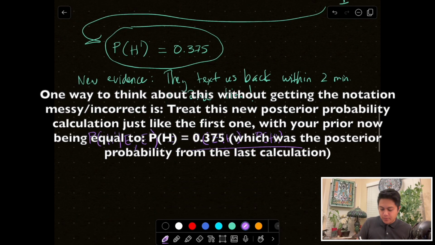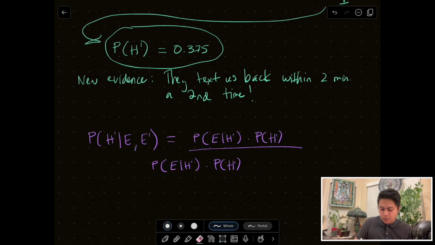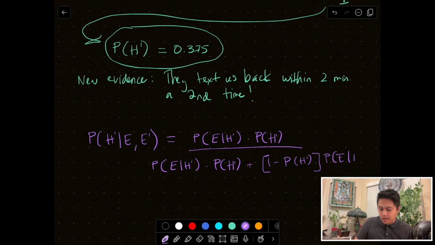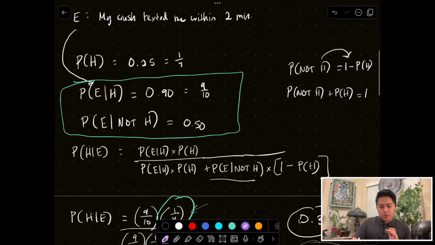And then we just repeat the calculation down below, right? So like this. Then we just have to add 1 minus P of H prime times P of E given not H prime, right? But we're essentially going to use the same conditional probabilities that we did before, these ones right here.